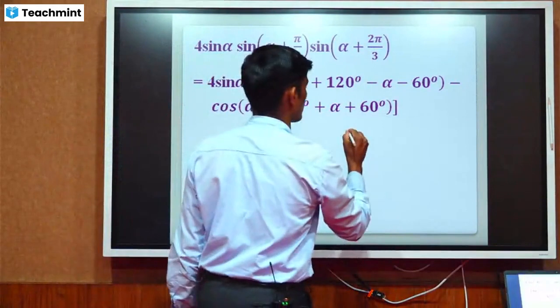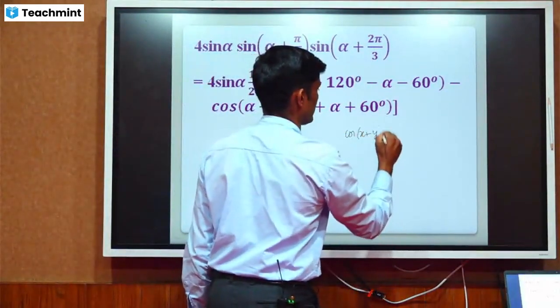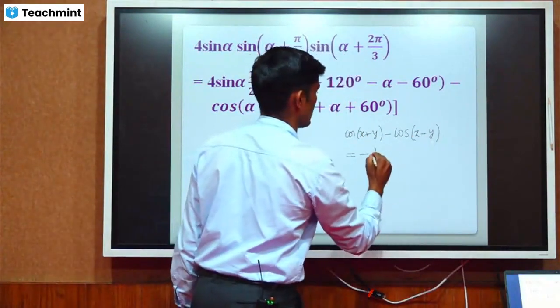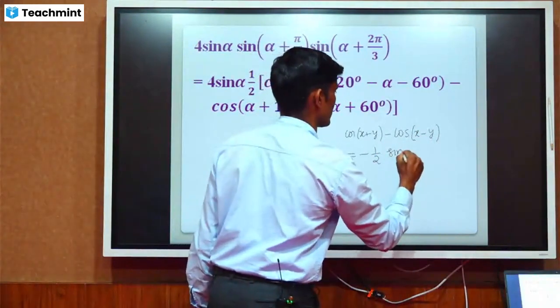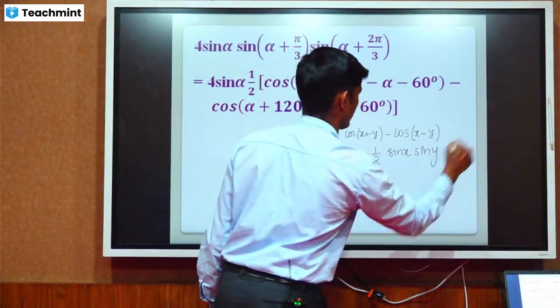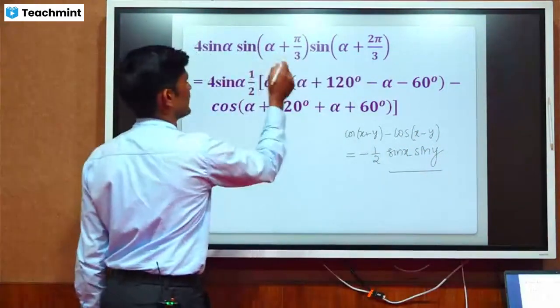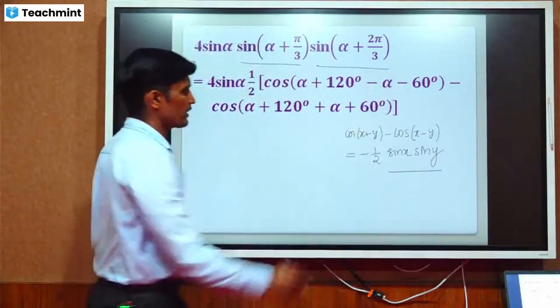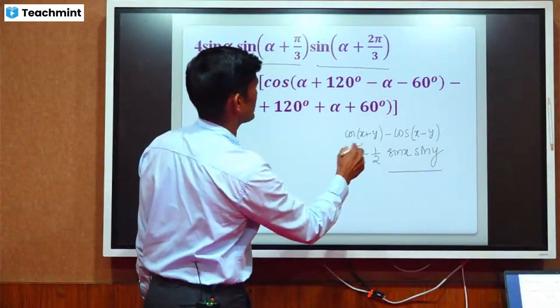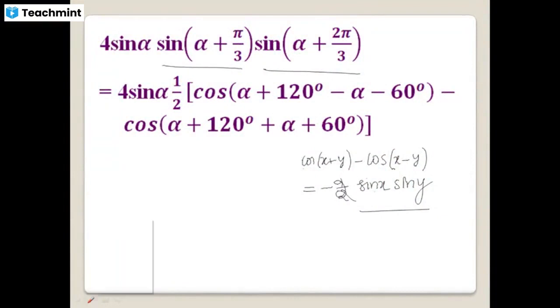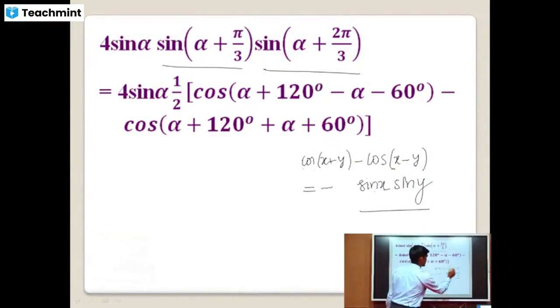Because you know, cos of x plus y minus cos of x minus y is equal to minus 2 into sin x into sin y.